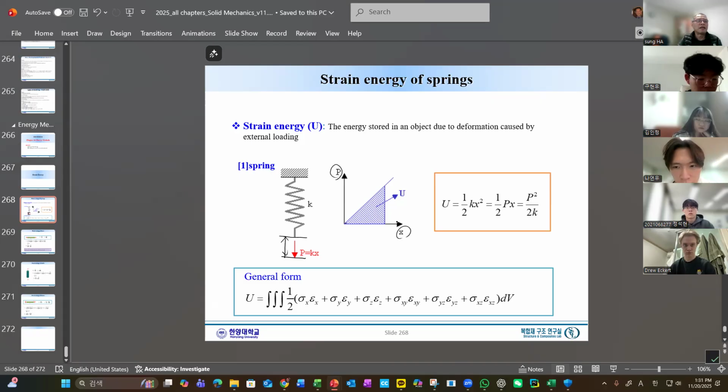But keep in mind, we go all the way to reach that point. We applied P, and by that time, we got this much x. So P equals Kx, so x, of course, is P divided by K.